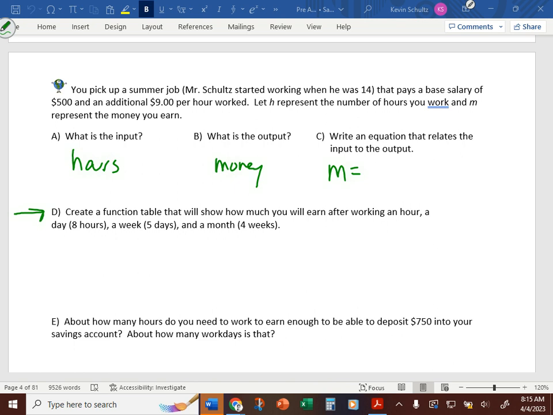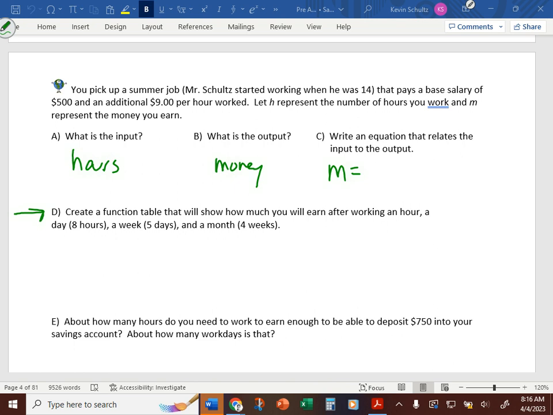And then do what with that? Like if you work for 2 hours, how much money will you make? All right, what's the equation that we're plugging that into to get this answer? Landon? 9 times H. That's close. 9 times H, right? That's the $9 per hour, but don't forget about that signing bonus.